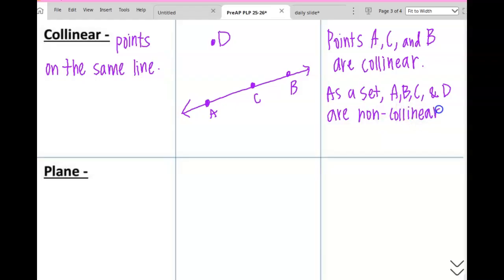How are they non-collinear? Because D is not on the line. So when you look at them all together, like 4 points together, they're not collinear. When you're done writing this part, as a set, they are non-collinear, as a set of 4.